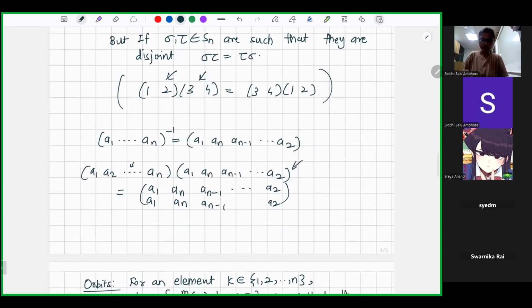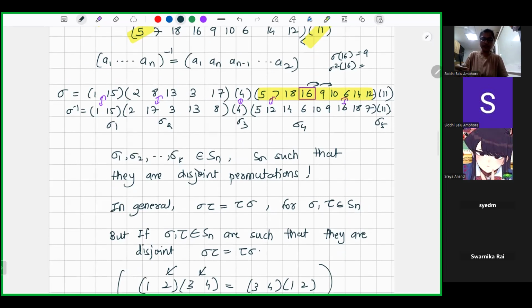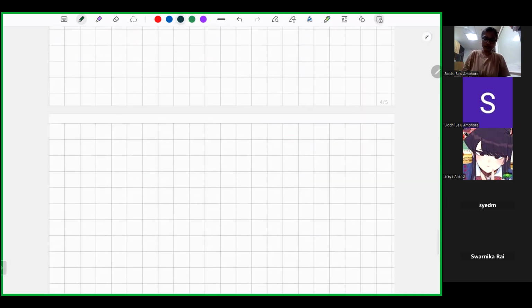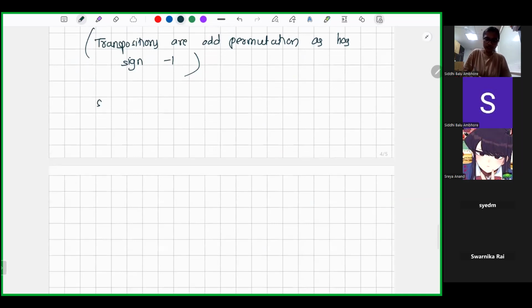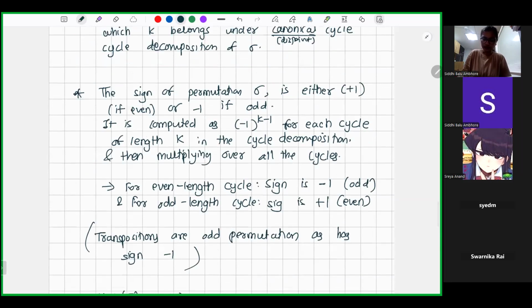So here we have this cycle of length 2, here cycle of length 5, this is cycle of length 1, and this is cycle of length 9. Okay, so sigma is this, therefore signature of sigma will be -1 power product of all this, right?